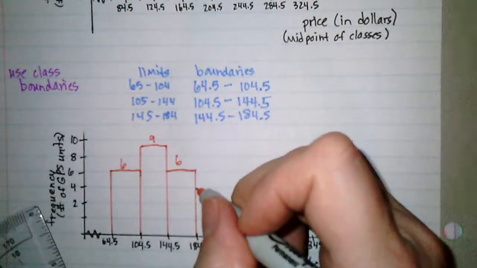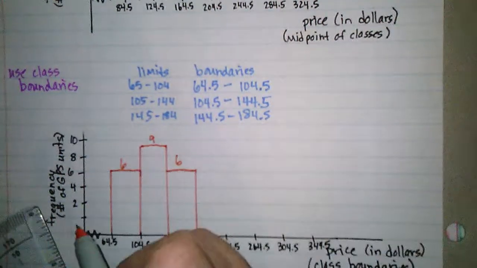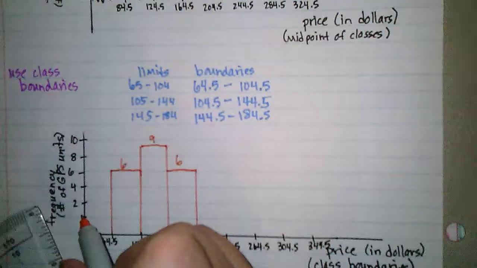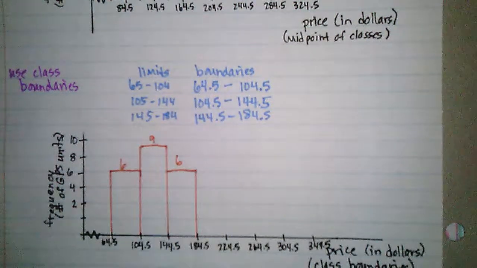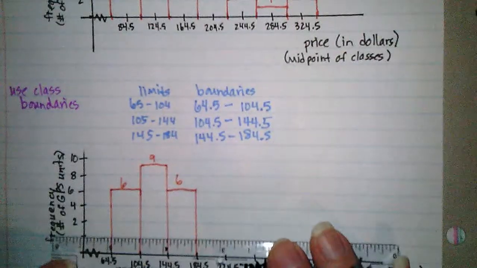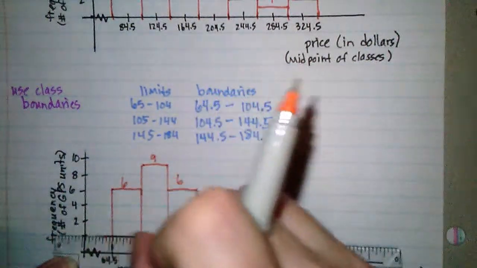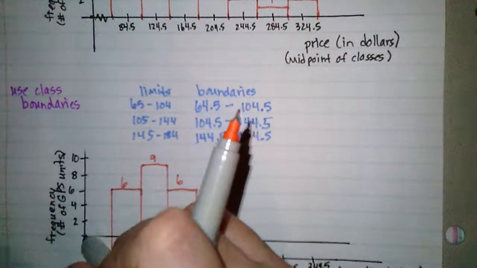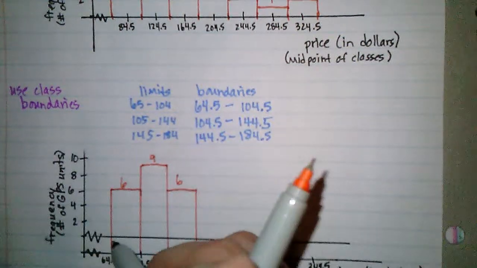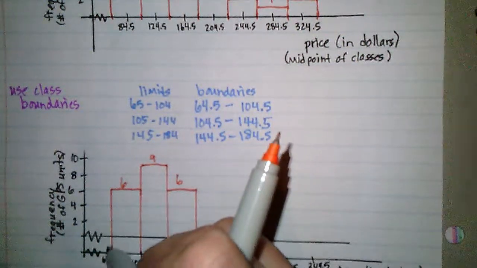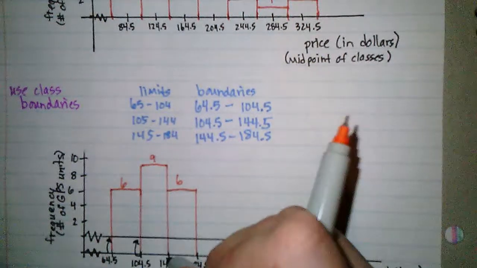And then 4. Oh no, I've messed this up. Can we pretend that didn't happen? So just pretend that these numbers are labeled up here.